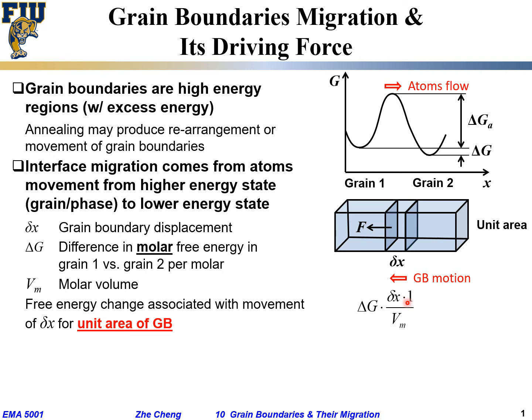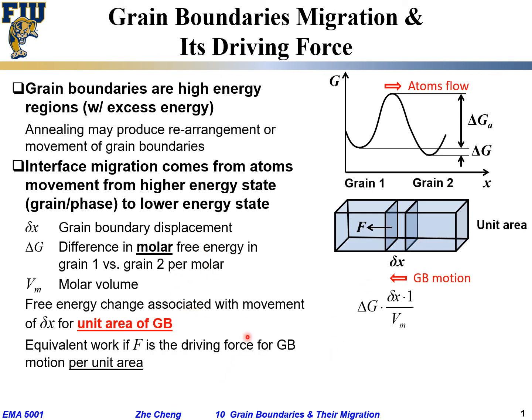The volume divided by molar volume gives you how many moles, times delta G. Actually, I made a mistake, it should be volume free energy. So that's the free energy change.